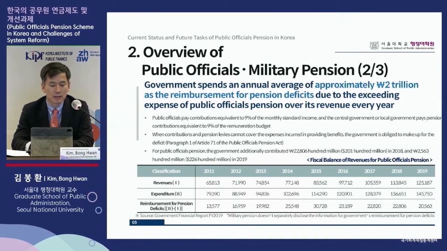This government subsidy is on top of 9% of remuneration budget as an employer. So the public officials contribute 9% of monthly standard income, plus government adds another 9% of remuneration as an employer, and on top of that, government subsidizes 2 trillion Korean won every year.